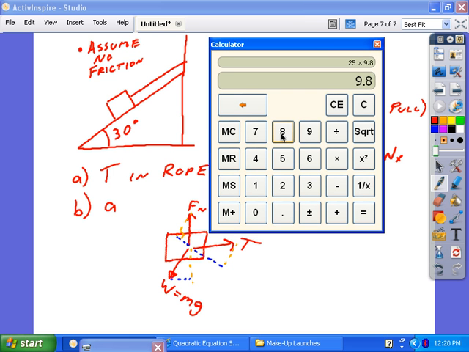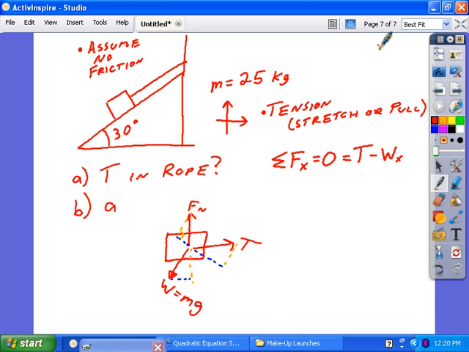Times 9.8, and that tells me that the overall weight of this is 245 newtons. Now, I rotated this box by 30 degrees this way. So that means that this angle right here is going to be my 30-degree angle.